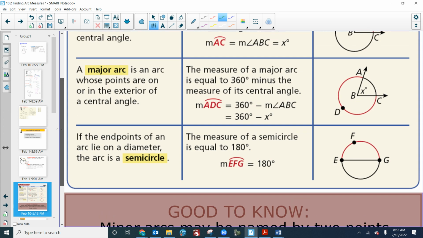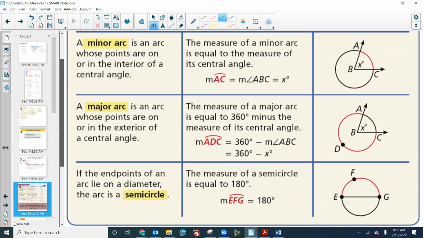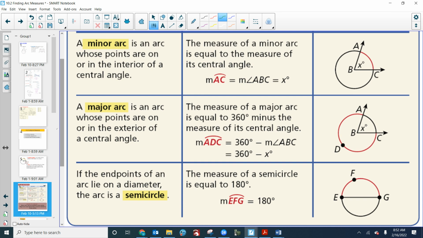So a minor arc is measured with degrees, and it's labeled by its endpoints. Does everybody see this arc symbol right here? AC. The M out front means measure of, and the little arc above it means arc.